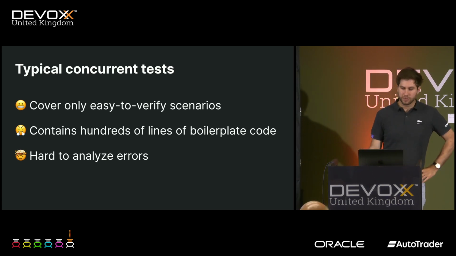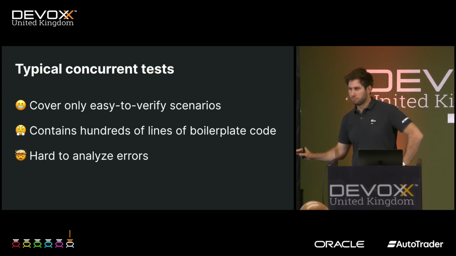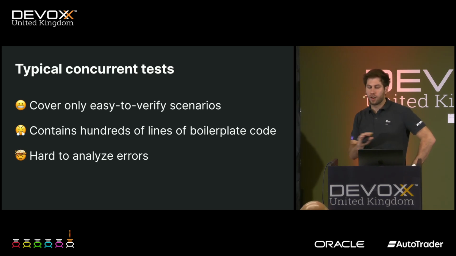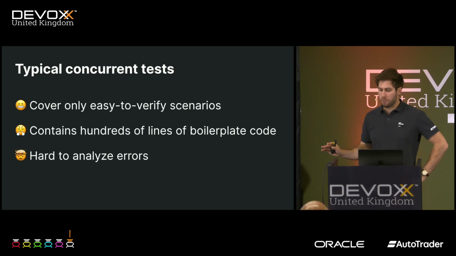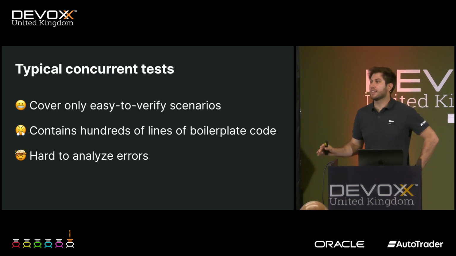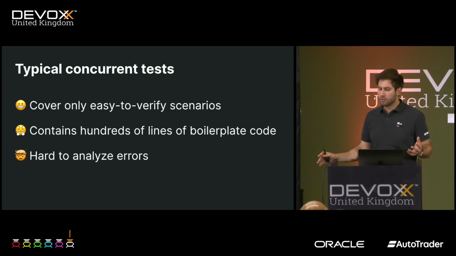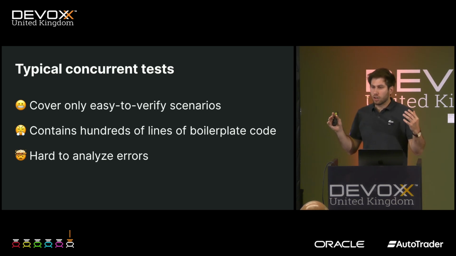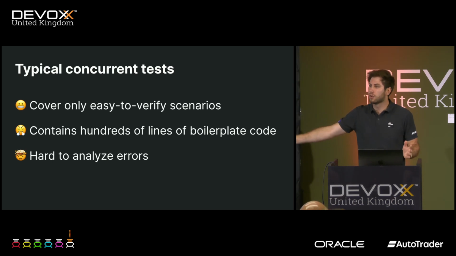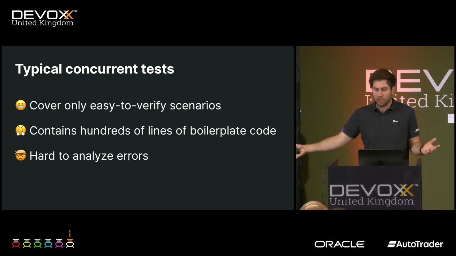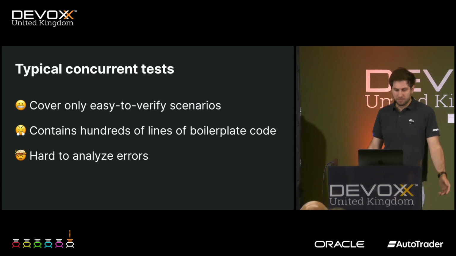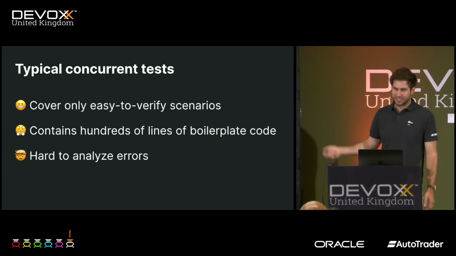And okay, let's say we have a very good stress test. A really cool one, so we cover a lot of different scenarios, so we can find bugs, and we've got a bug. But what's going to happen after that? So we have a bug that occurred likely after calling 100 or 1,000 operations. So we have such an execution, and we need to analyze it. And usually to do that, we ignore the test.